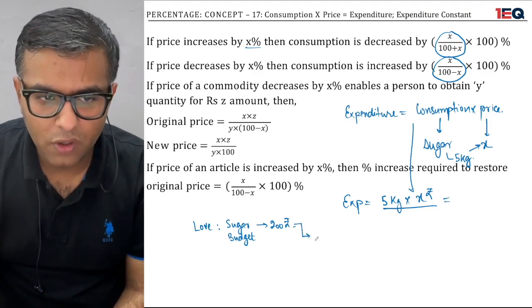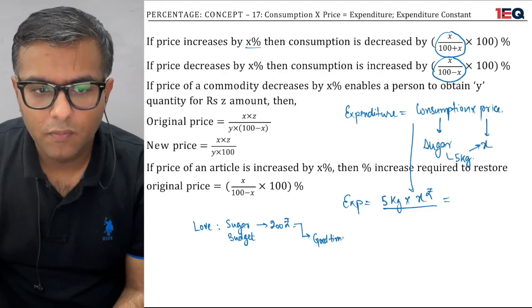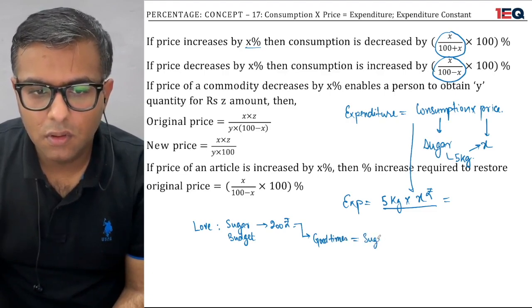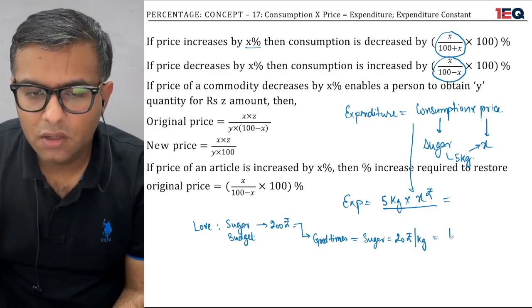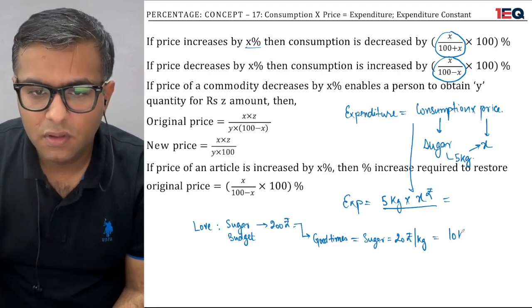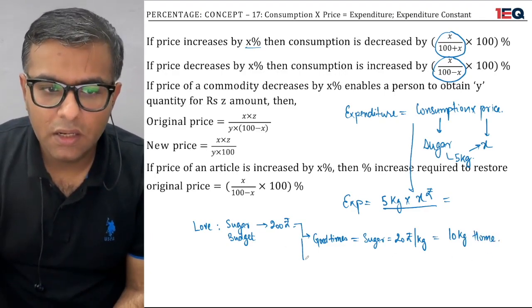There are good times when sugar is 20 rupees per kg and you get a good lot of 10 kg home. And then there are bad times.